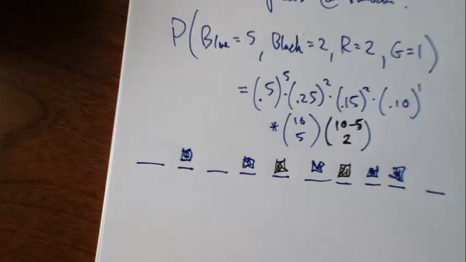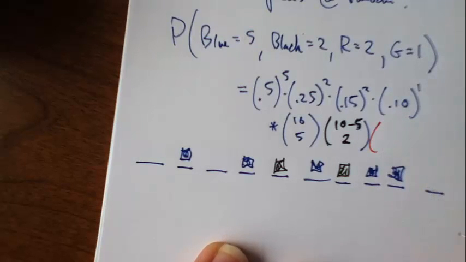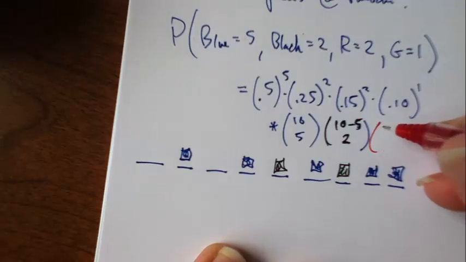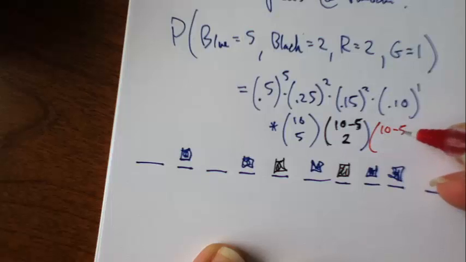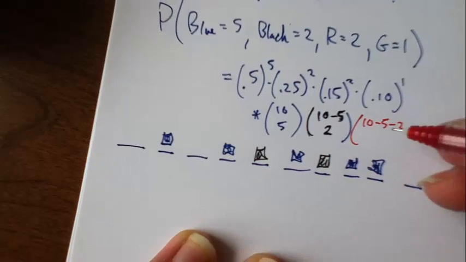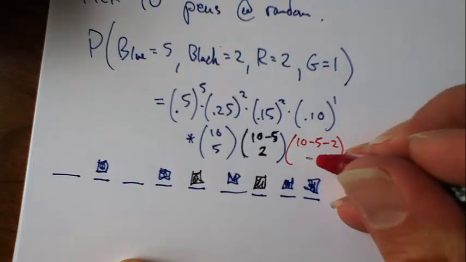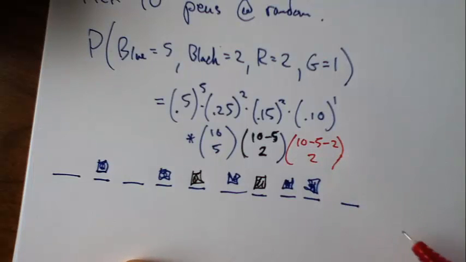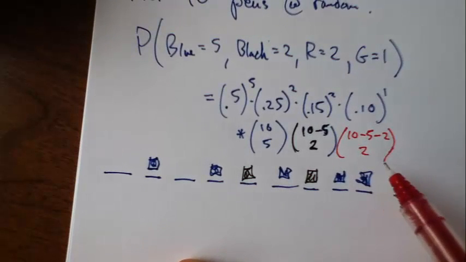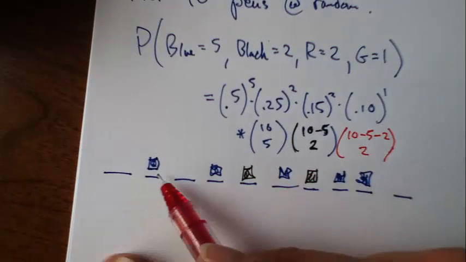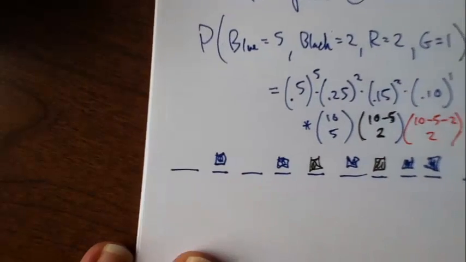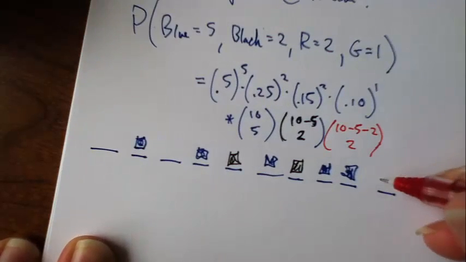And then for the red pens, once I've placed the blue and black pens, there are 10 total minus the 5 blue minus the 2 black, and then choose 2, right? I need to know how many places out of these remaining 3 slots to place the red pens.